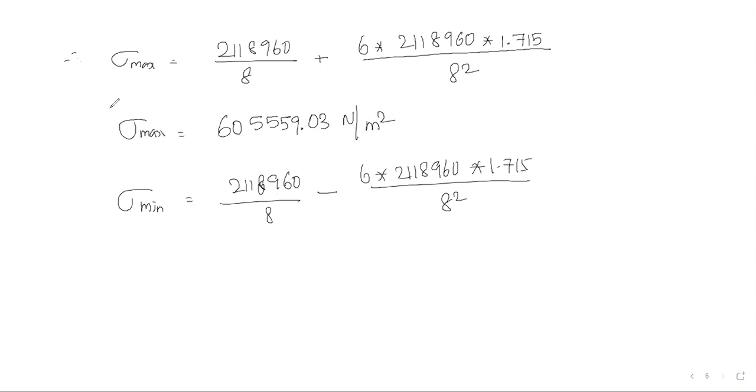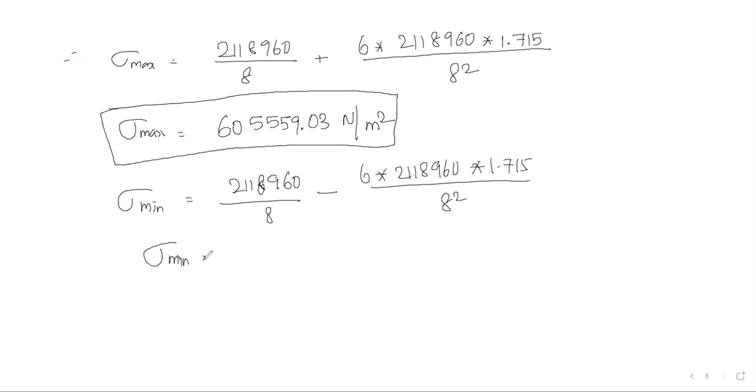Sigma max. Similarly, sigma minimum value is equal to minus 75819.0 Newton per meter square.